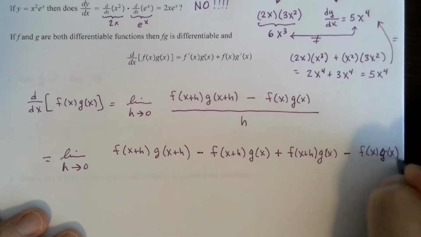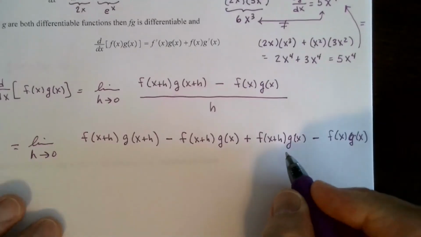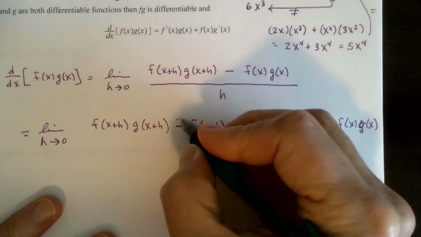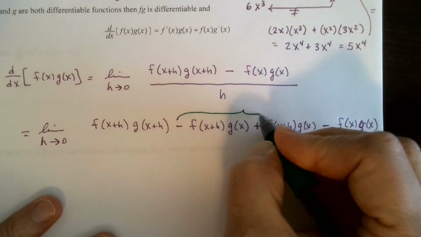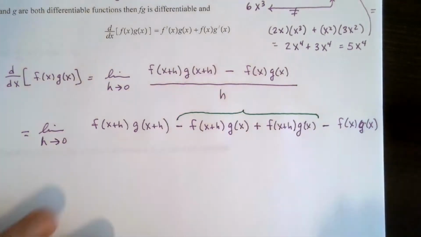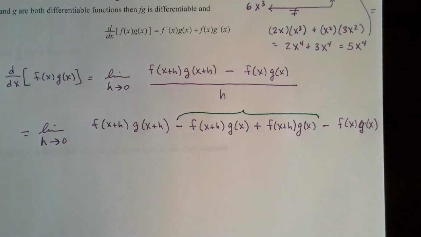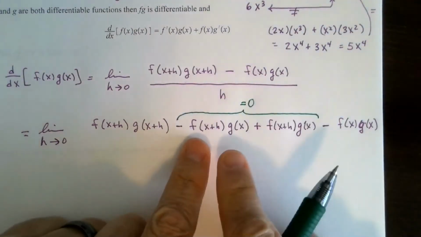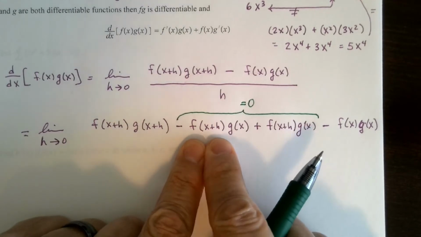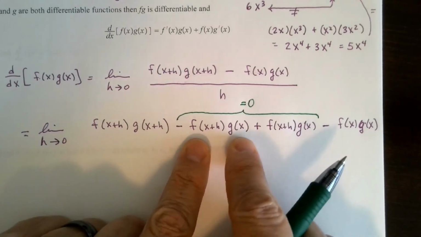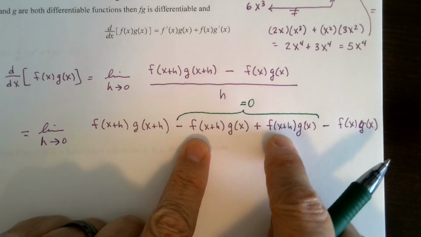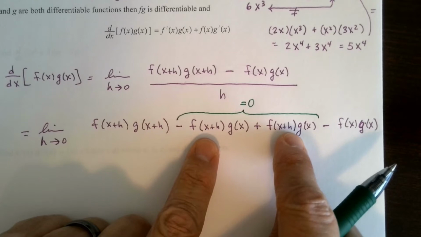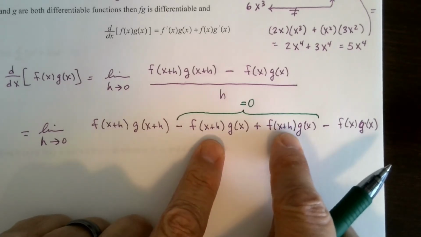If you look at this part that I've inserted, you're scratching your head going, where in the world did this come from? Why would you do that? I do hope you realize that this totals out to 0, because this is negative f of x plus h times g of x plus f of x plus h times g of x, right? So they're opposite, so they combine to 0. So what have I actually added? I've added 0, which I can do.